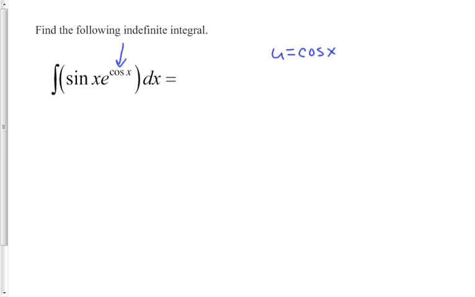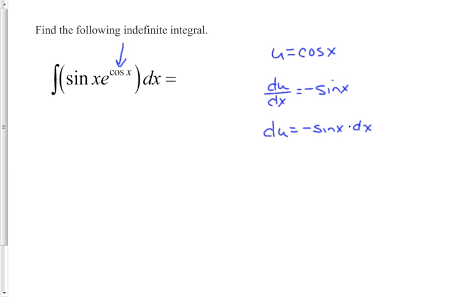So then I'm going to say, okay, well, the derivative of u with respect to x is equal to a negative sine of x. And then I'm going to move my dx over, so I'll get du is equal to the negative sine of x times dx.